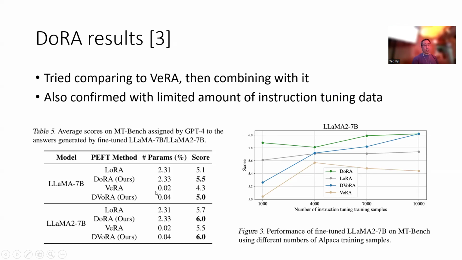But what they showed basically is that DoRA works better than LoRA, works better than VeRA, and you can actually add DoRA to VeRA. And they called that DeVoRA, whatever. And they were able to improve the performance of VeRA.